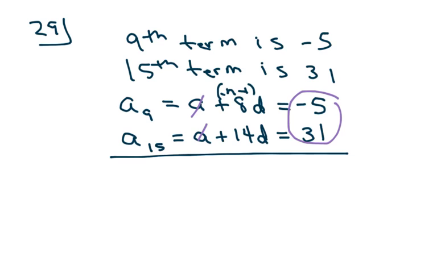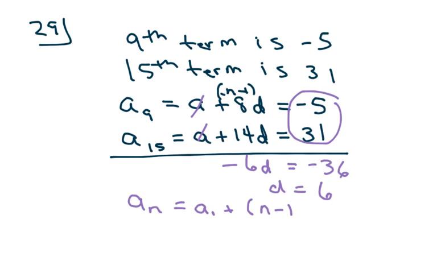Solve it. What do we get? Negative 6d equals negative 36. So d is 6. So when you write your formula, you're just going to write, well, a sub n equals a sub 1 plus n minus 1 times d, which is what? 6.